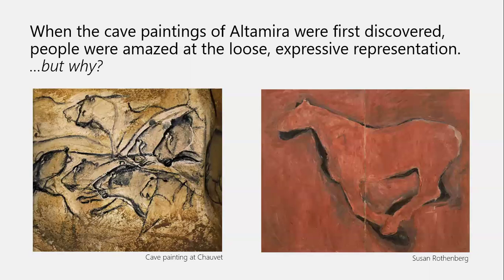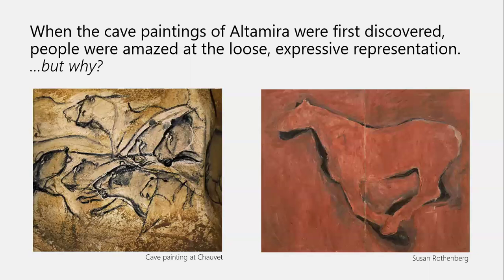feel very modern and very today in multiple ways. One, they feel modern because they seem quite naturalistic. The attempt to observe the physiology and anatomy of a cave lion seems quite specific and accurate.